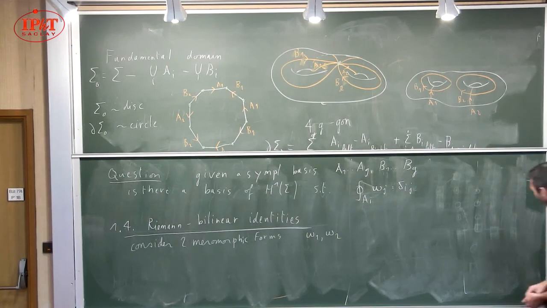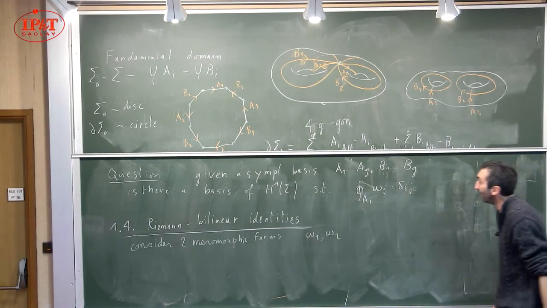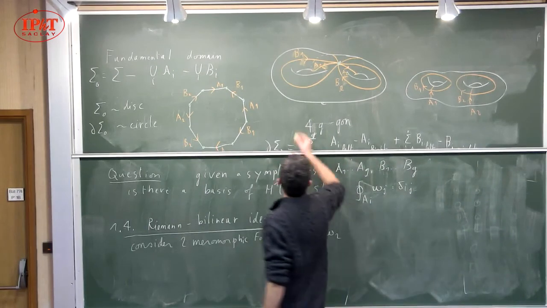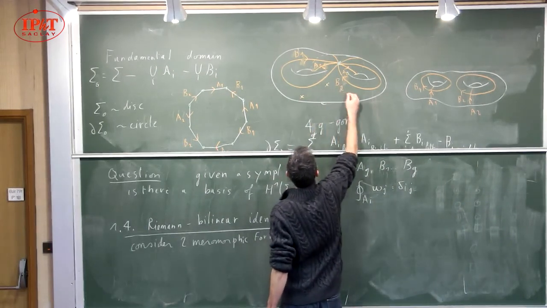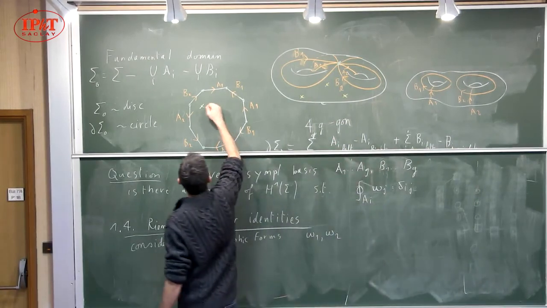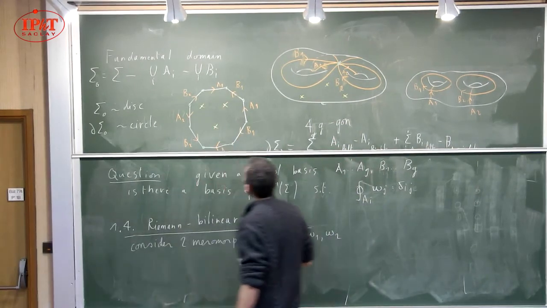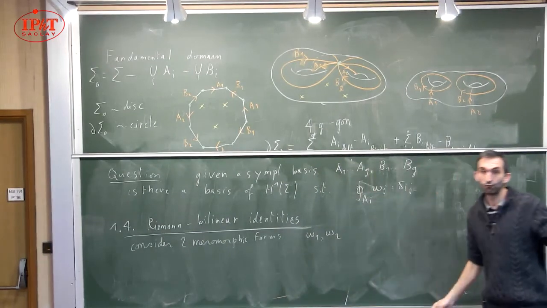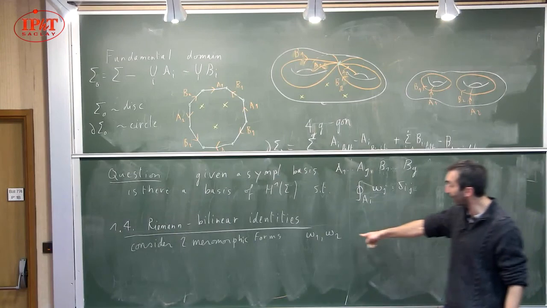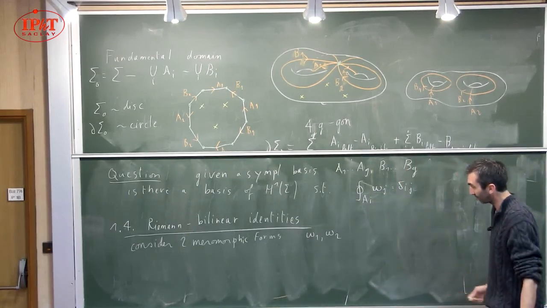So omega 1 and omega 2 can have poles somewhere on the Riemann surface, which means there can be some poles on sigma 0 somewhere. Or there could be no poles. If they are holomorphic forms, it means they have no poles.